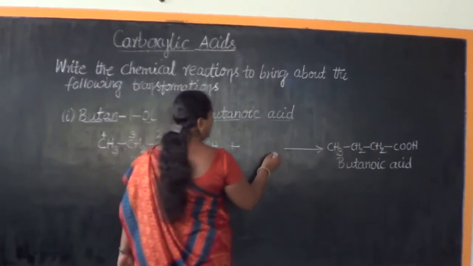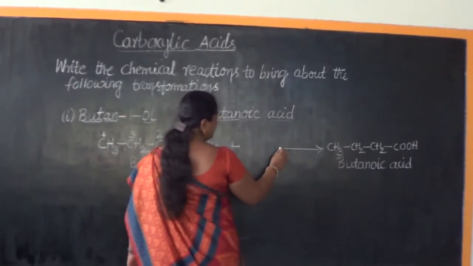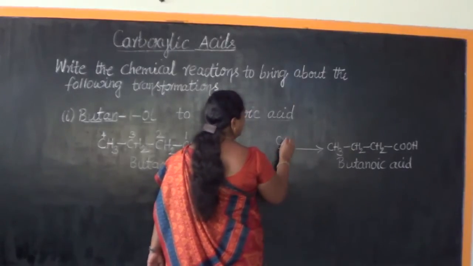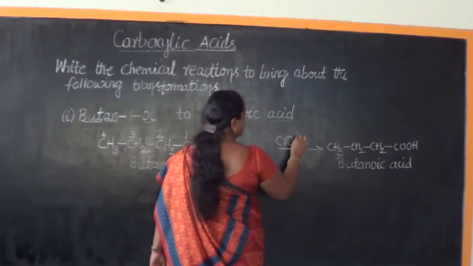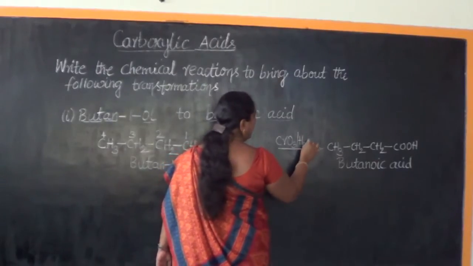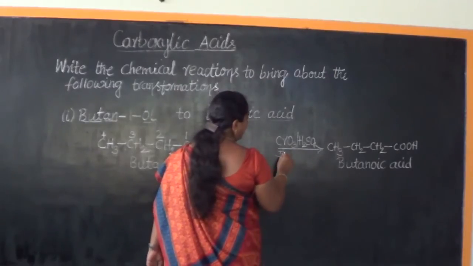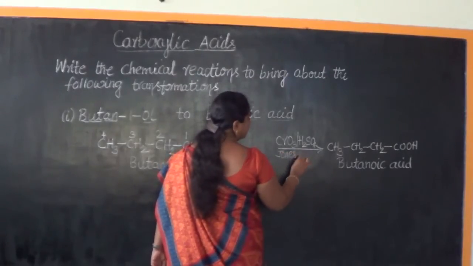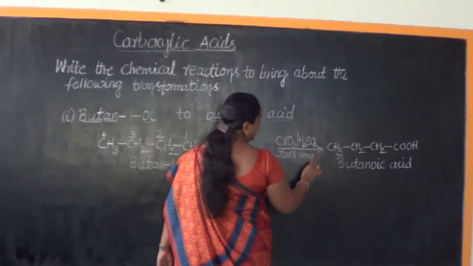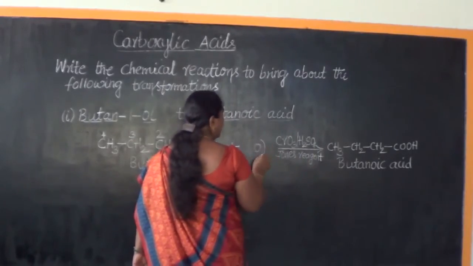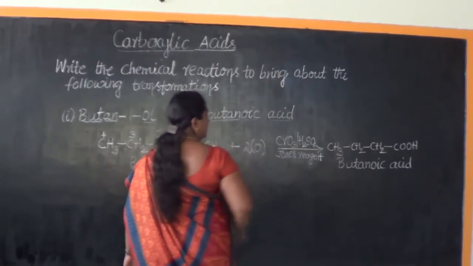So we need to make use of an oxidizing agent. The most suitable one being chromium trioxide in an acid media. Chromium trioxide in an acid media is called Jones reagent. Jones reagent is giving away the nascent oxygen.